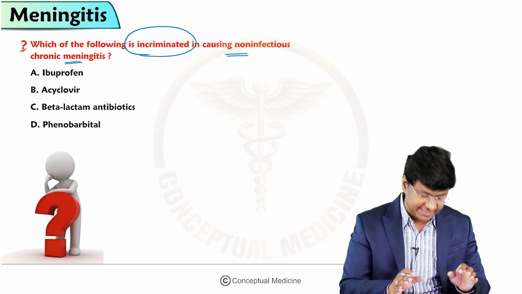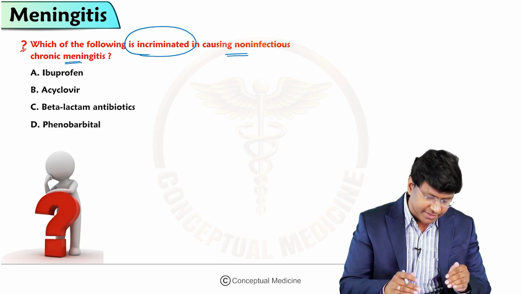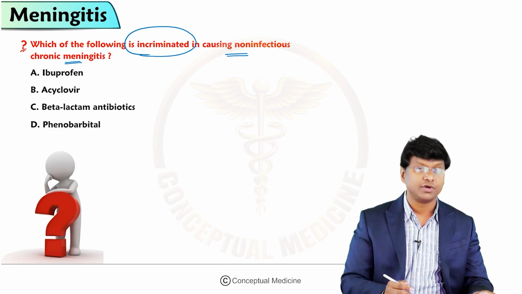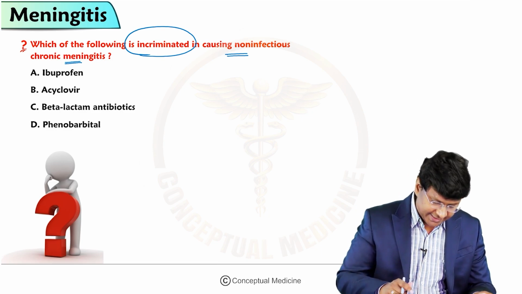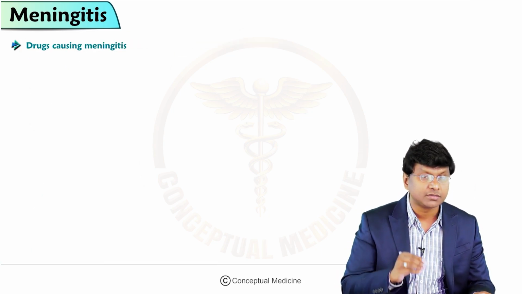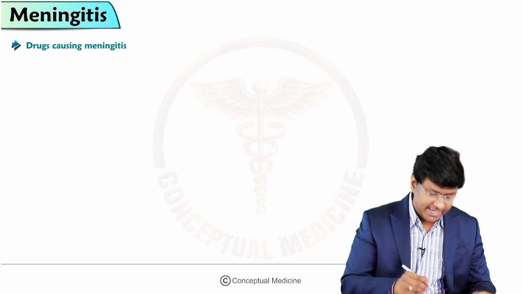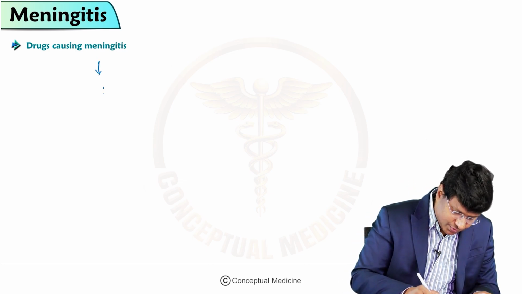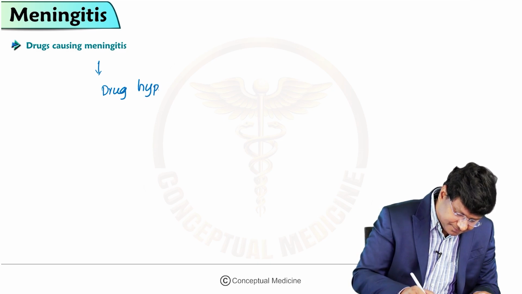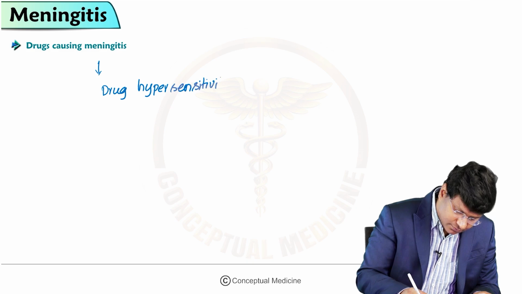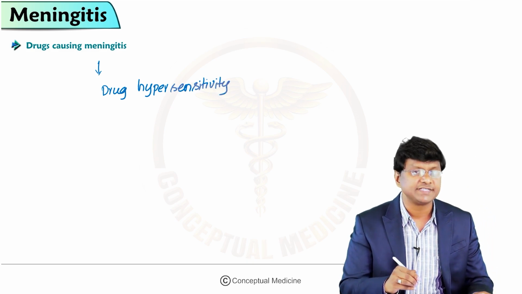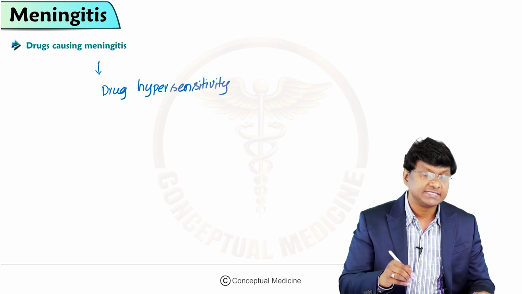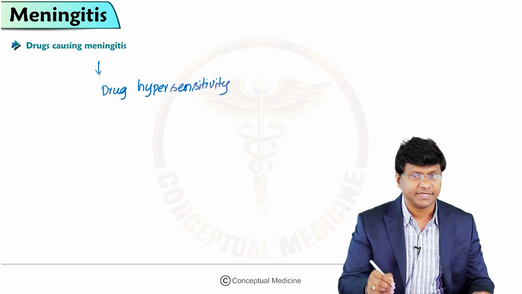It is not a question with except; which of the following drugs is incriminated in causing non-infectious chronic meningitis. You need to know that we have a clinical entity called drug-induced meningitis. And why is that? That is due to drug hypersensitivity reactions. Right, so due to drug hypersensitivity reaction, there is development of the chronic meningitis.